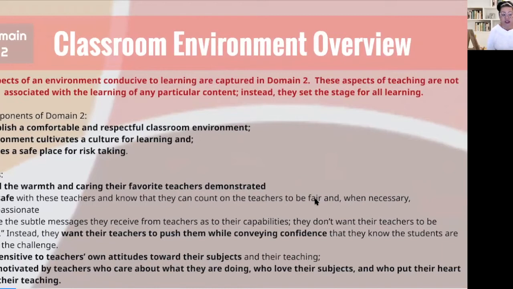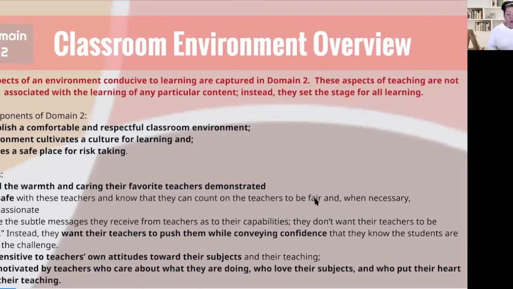These aspects of teaching are not associated with the learning of any particular content as much as they set the stage for the learning. So sample components of domain 2 are that you establish a comfortable and respectful classroom environment, that your environment cultivates a culture for learning, and it creates a safe place for risk-taking.